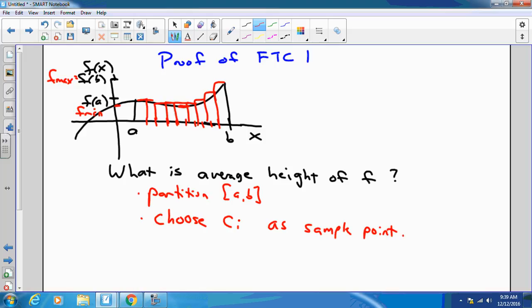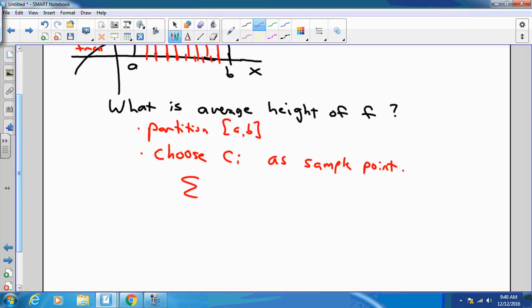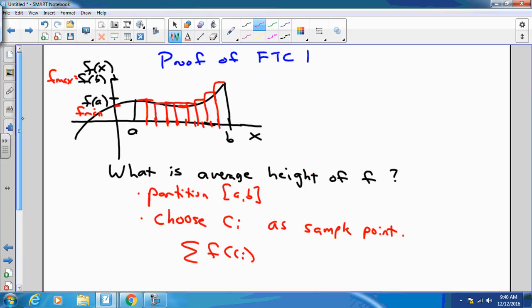So whereas in the construction of our Riemann sum, we took the c and multiplied it by delta x to get an area, here, instead of doing that, we're going to simply add up all of my f of c's as samples of my function. So just for the sake of it, in this example, I'm going to choose c_i to be equal to x_i. That is a right-hand kind of thing. Now, drawing rectangles, we're going to use the rectangles in just a minute. But the blue dots here refer to sample values of f.